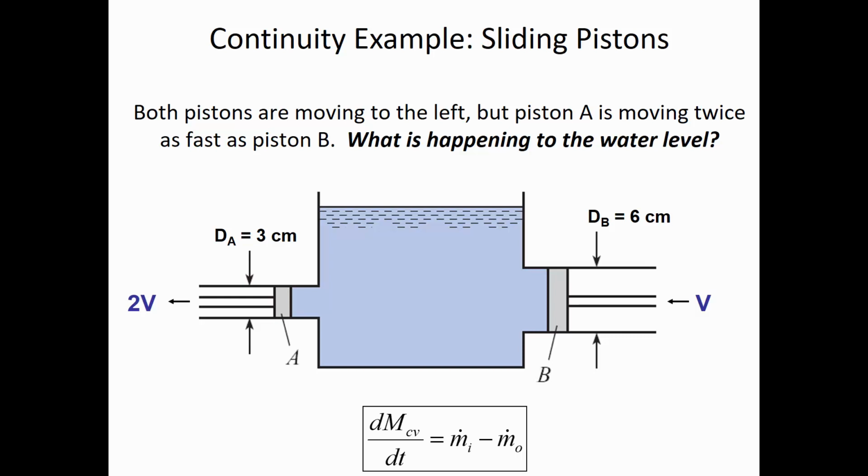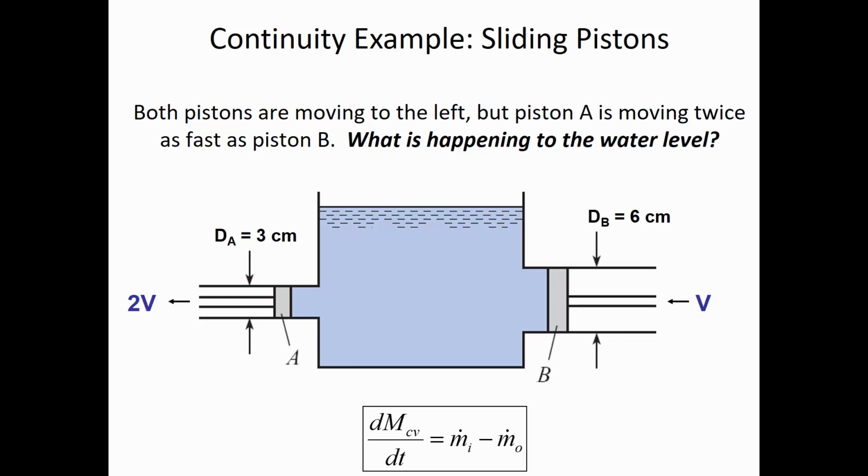If we look at now the Q in versus the Q out, so flow in, the flow in, Q in, is V in times the area at B. And so that's V times 28.274 centimeters squared. So let's just call that 28.274 V. That's the flow in.